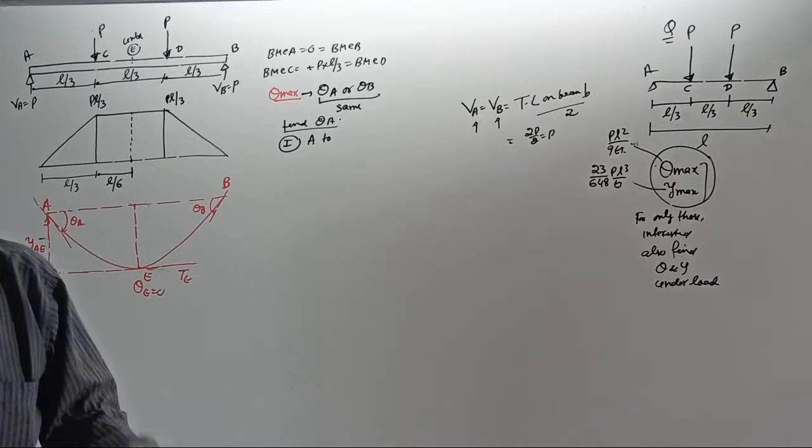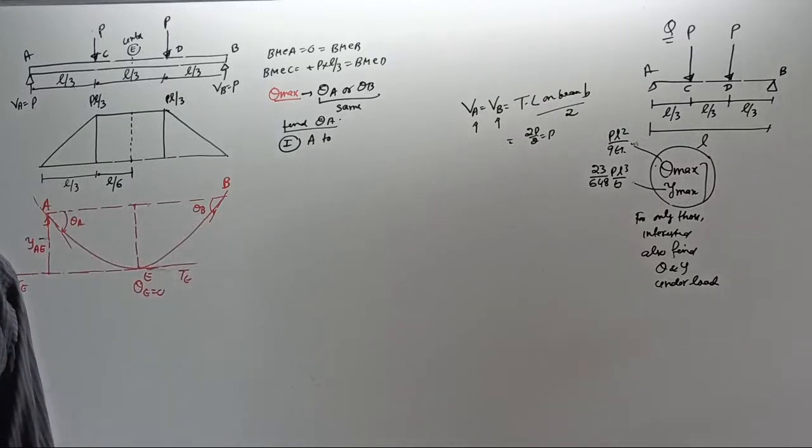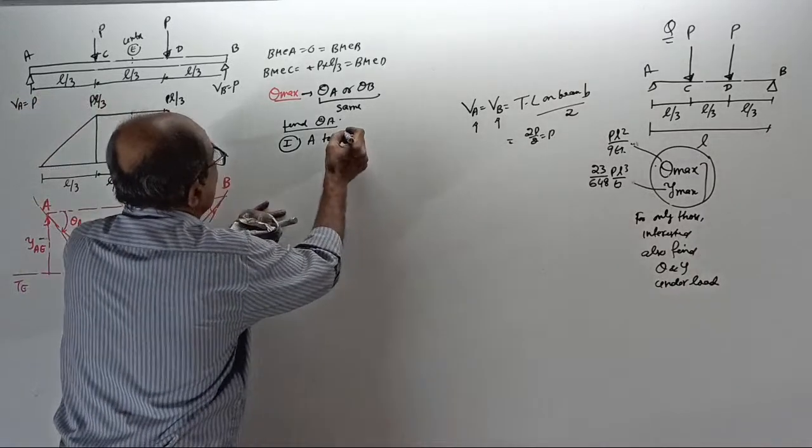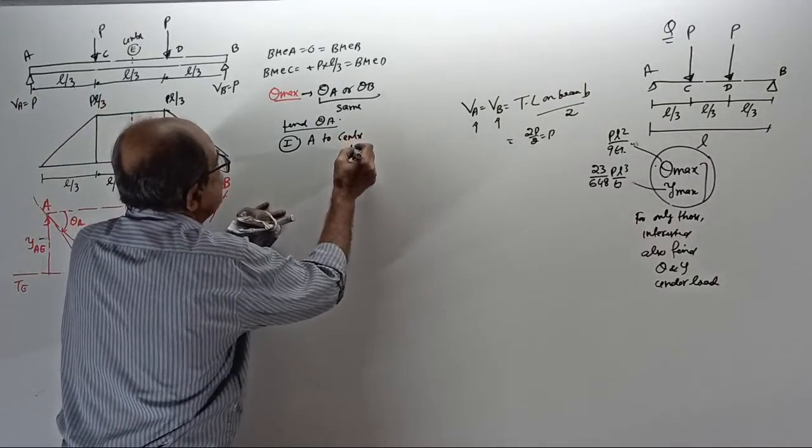Apply the first theorem from support to where slope is 0, that is the center. A to center. Here center is E.